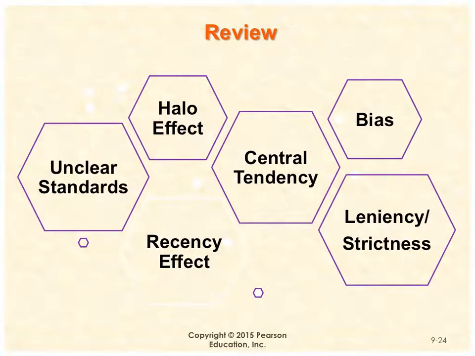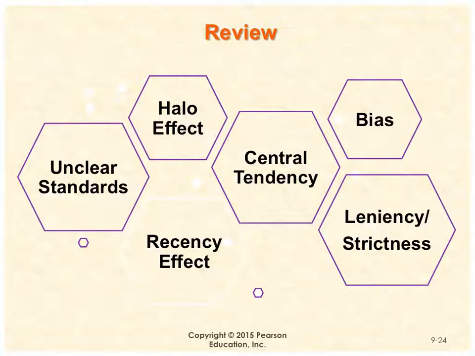Okay, so a quick review. We have unclear standards, where the employee doesn't know exactly what the standards are or we didn't set them up correctly. We have the halo effect, where we make assumptions about how a person performs based on our own opinion. We have central tendency, where we just seem to think most employees are very average at most things.